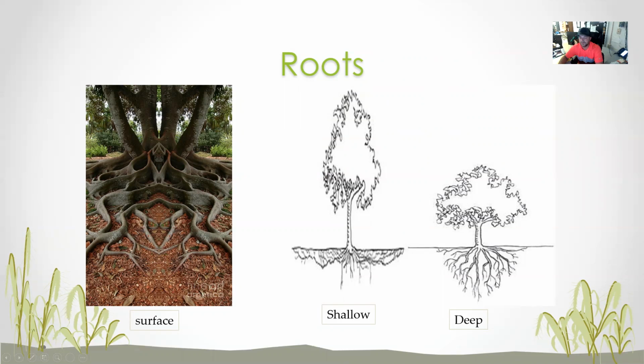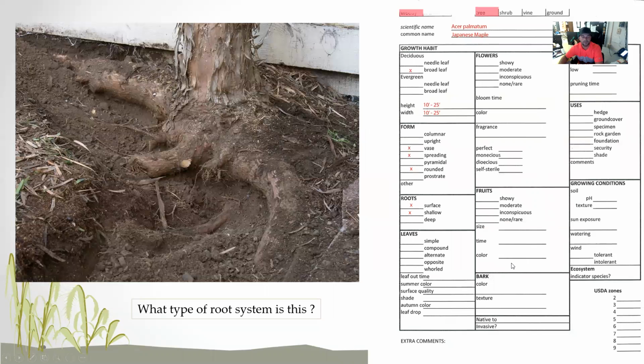And we also have deep roots that tap in pretty far. So what kind of root system do you think this is? In my opinion, we have roots that are reaching about the top of the ground, and they're pretty shallow on this guy. So I would probably say surface and shallow.